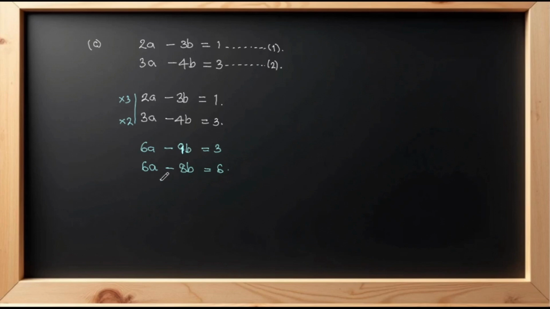Now from here we can go ahead and subtract equation 2 away from equation 1. If you also subtract equation 1 away from equation 2, you will still get the same answer. So let's do that. In the next work here, I think to avoid negatives, we can subtract equation 1 away from equation number 2.